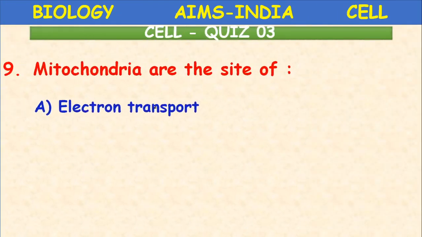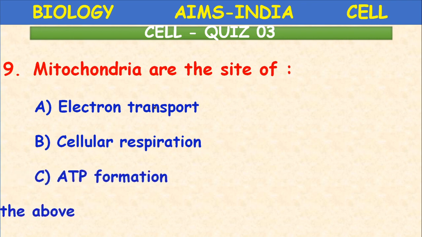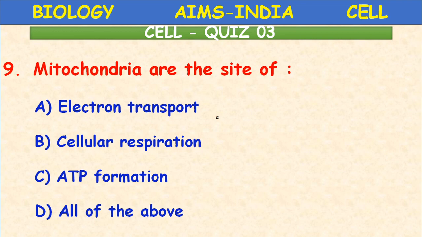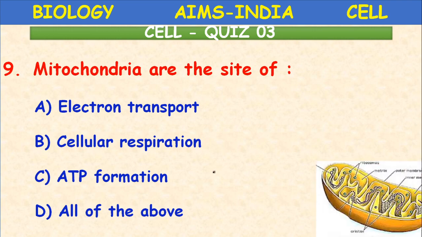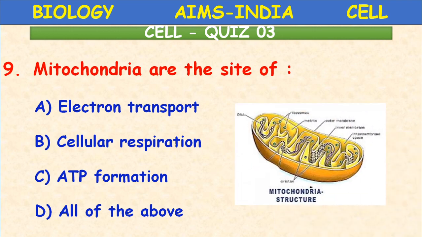Mitochondria are the sites of... That process of cellular respiration takes place in different stages. Here the stages are mentioned. So here the answer, you will study in your higher class. This mitochondria contain several respiratory enzymes in the matrix of mitochondria and the internal membrane, that is cristae.